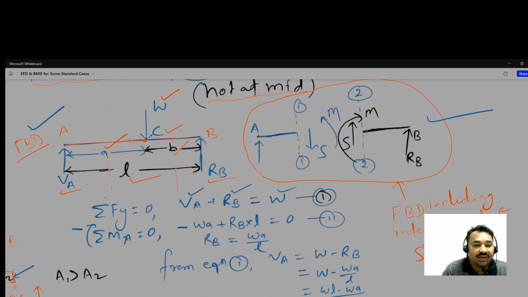And the moment about A: W is acting downward, so it will try to rotate clockwise, that's why minus here, W multiplied by a, the perpendicular distance, plus RB with the perpendicular distance L is equal to 0. From here equation second, we got RB, and by putting the value of RB in equation 1 we get VA.